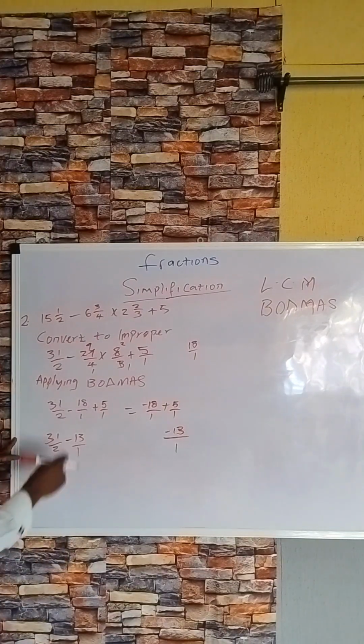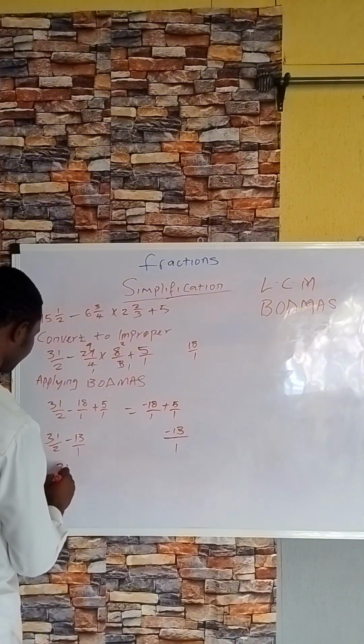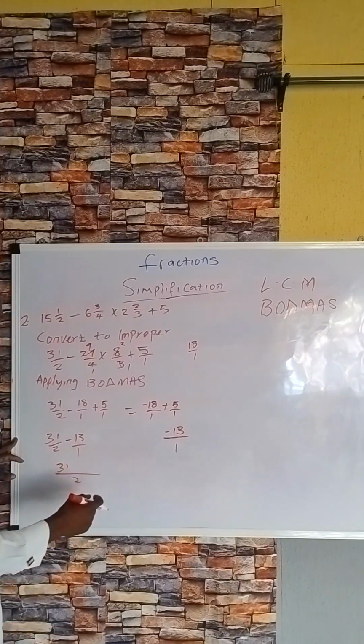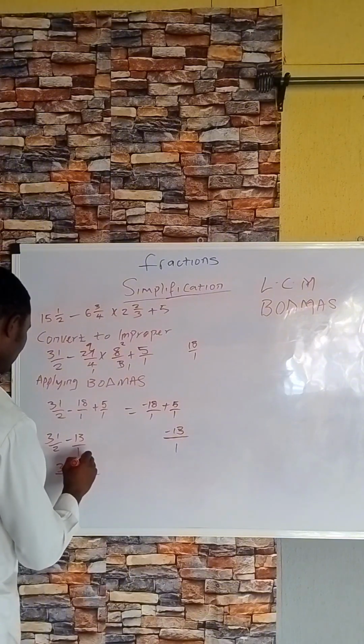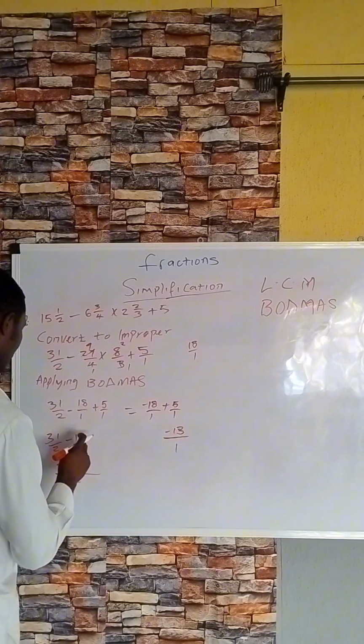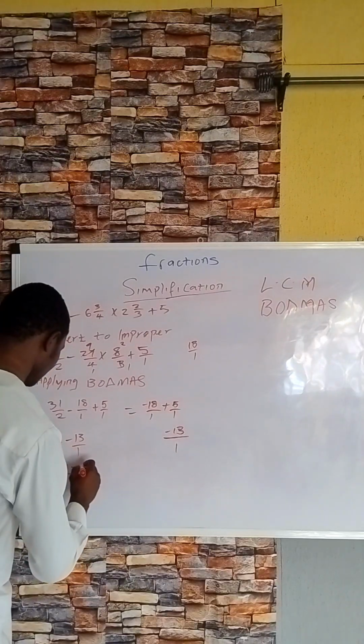So 2 into 2 is 1. 1 times this is 31. 31 over 2. 1 into 1 is 1. 1 times minus 13 is still minus. 1 into 2 is 2, sorry. 2 times minus 13 is 26.